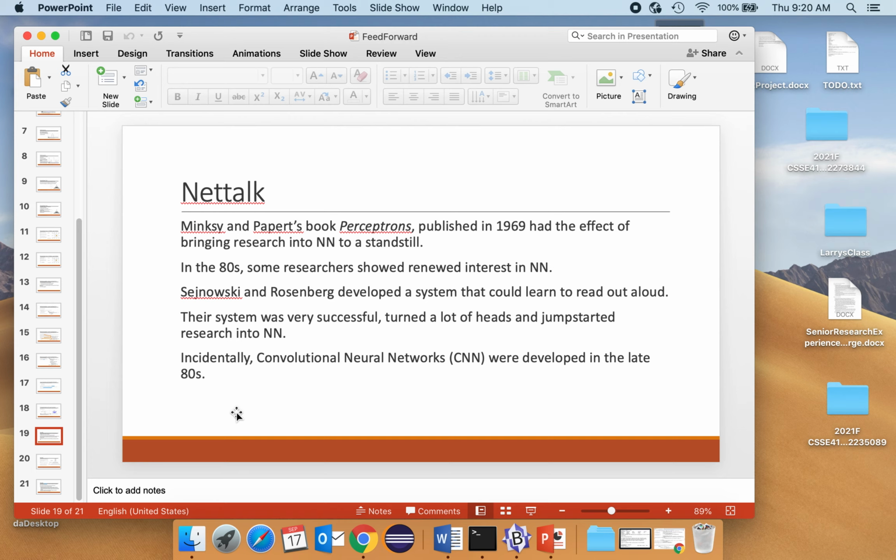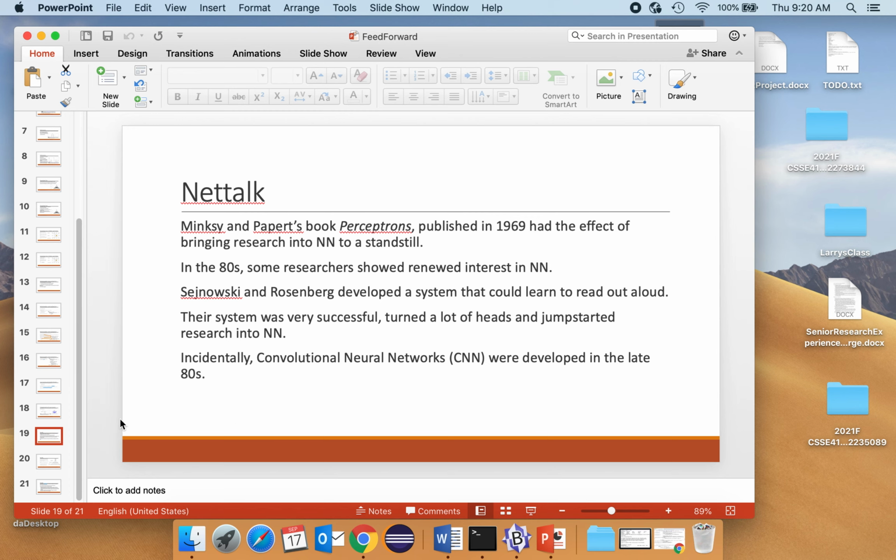The rest is kind of history. It really jump-started research into neural networks. Incidentally, convolutional neural networks, which we'll study next time, were developed in the late 80s. The paper, I think, was published in 89 or 90 or 91. I forgot. We'll see about that.